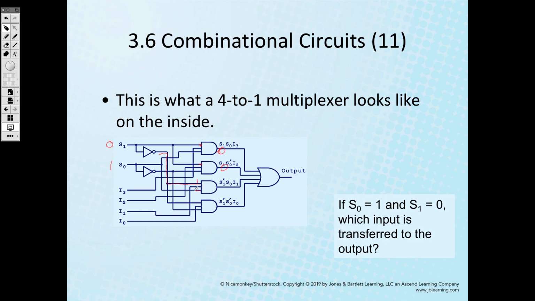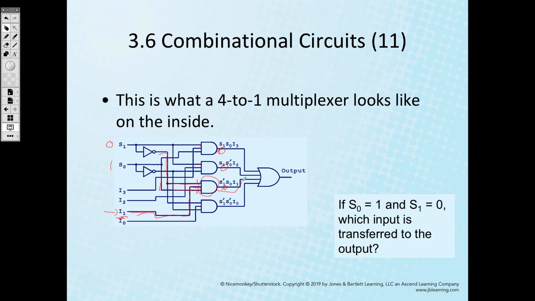The next input is from S0, which is 1, so this gate is not blocked. The middle input comes from I1. So if I1 is a 1, output is a 1. If I1 is 0, output is 0. So this AND gate output is determined by I1.